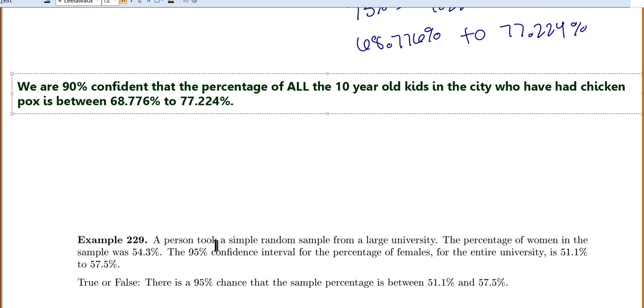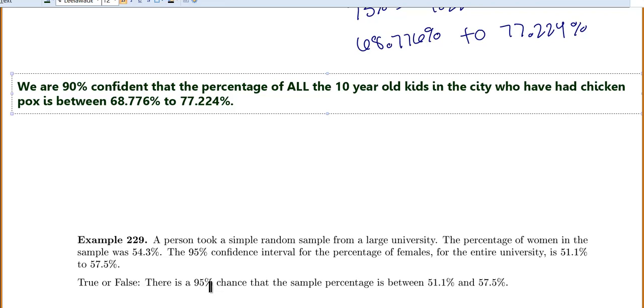Example 229 is in here because it's a common misconception, a common question people miss on the test. It says a person took a simple random sample from a large university. The percentage of women in the sample was 54.3%. The 95% confidence interval for the percentage of females for the entire university is 51.1% to 57.5%. So the first question is true or false?